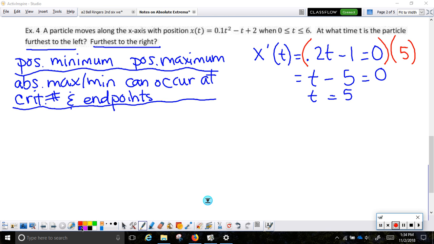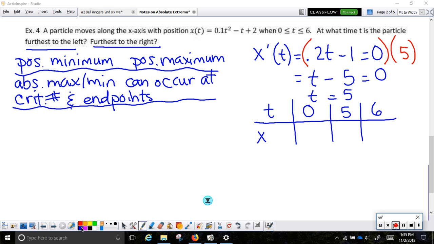Okay, now we're going to take our critical number and put it in a table along with our endpoints. Because, like we just wrote down, our absolute max or min can occur at the critical numbers and at endpoints. So the t values in our table are 0 and 6. Those are our endpoints. Our critical number lies between them, so we put that in our table also. We're going to input these values into the original function, x of t.